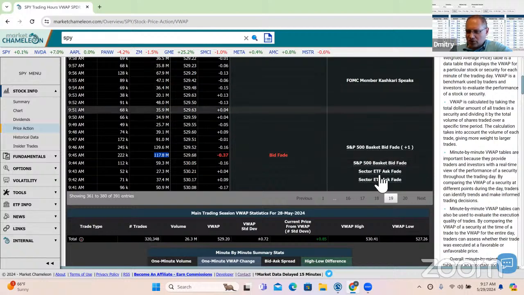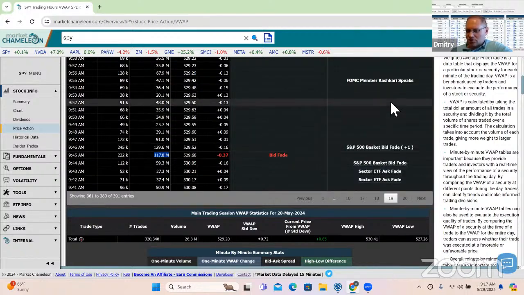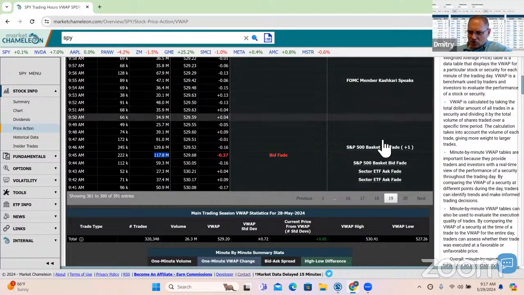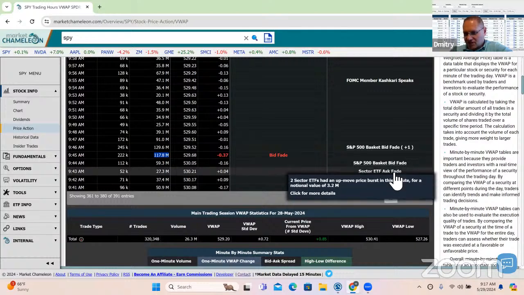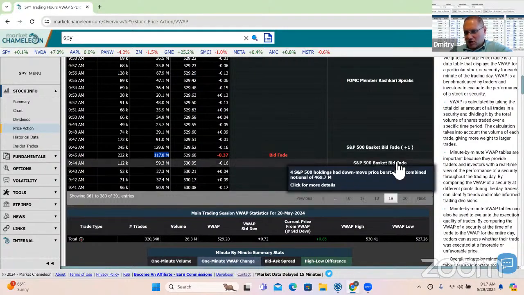And over here, we could also see what's been going on around that time that may have explained it. And just looking at the market, there's some ask fades here. There's a bid fade in multiple symbols at the same time in the S&P 500 stocks.